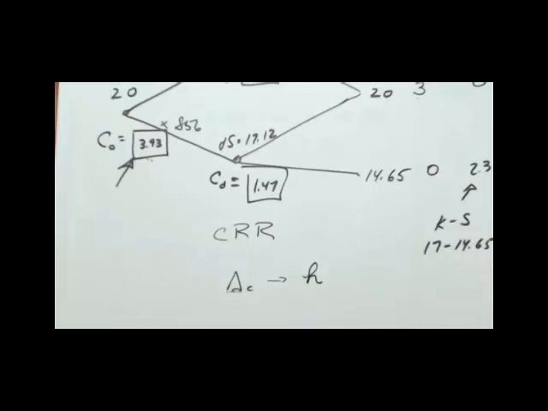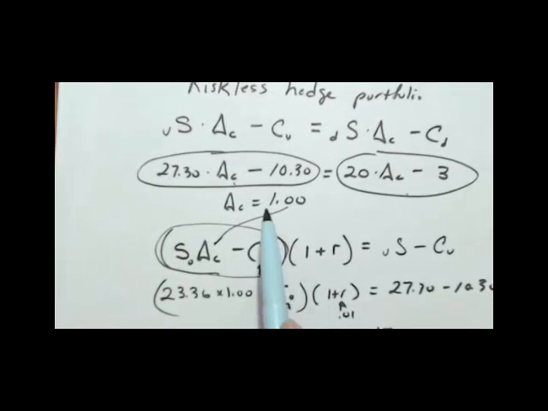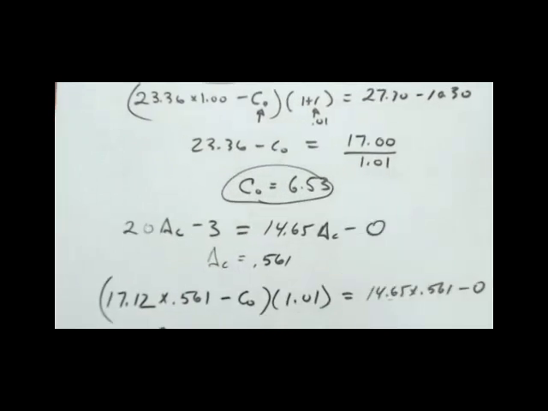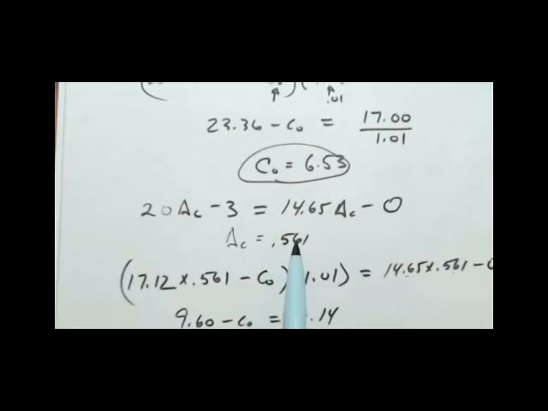Because what we were doing in all of this math is figuring out, for example, how many shares of stock we need to develop a risk-free portfolio to hedge ourselves. So this side, if we go up or we go down, doesn't matter, it equals. And so our hedge ratio in this case was 1. And then we figured out a hedge ratio on the downside was 0.561, and then the hedge ratio at the very end was 0.8125.